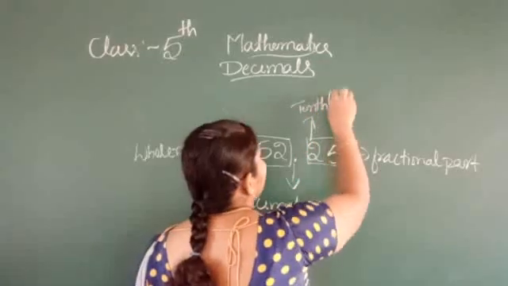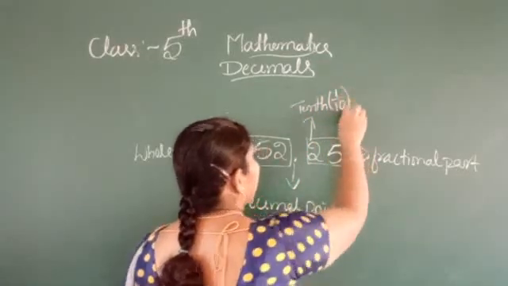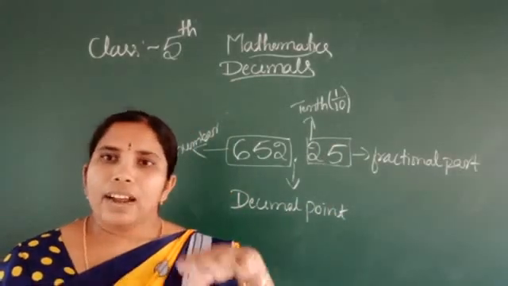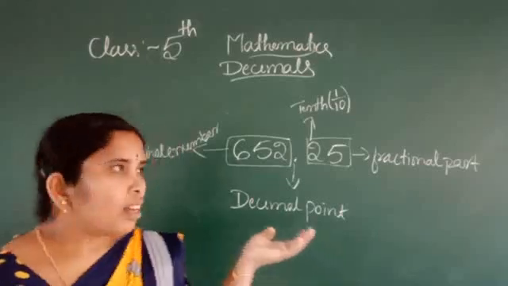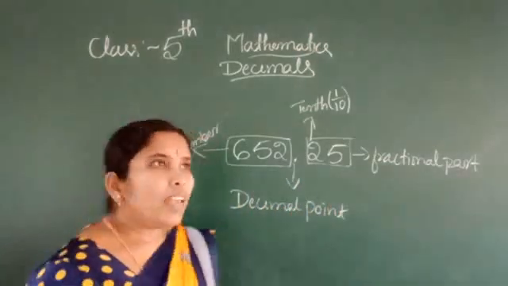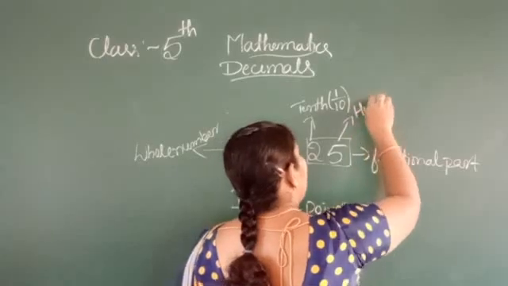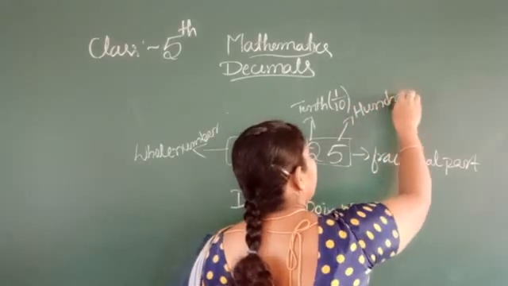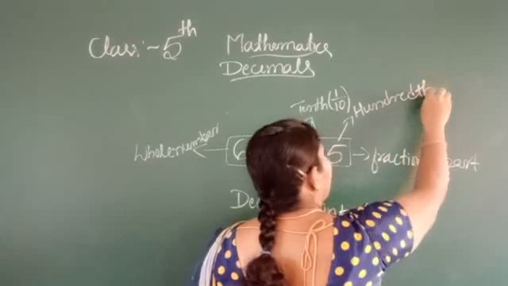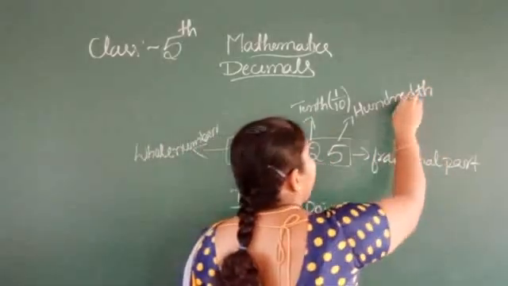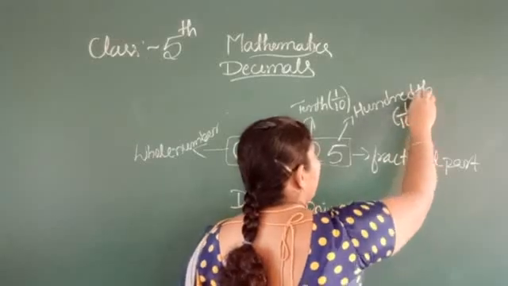The second digit after the decimal point is hundredth. Hundredth means 1 by 100.